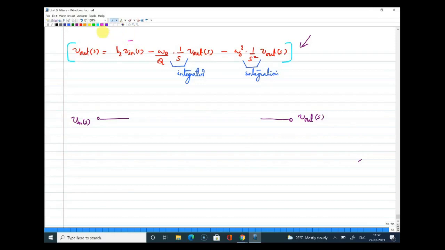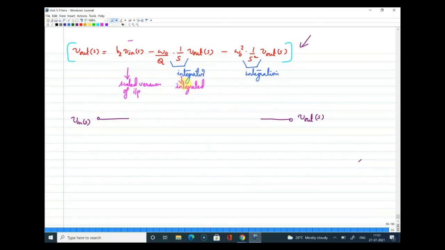Let me write each and everything here. The first term is actually a scaled version of the input. So the input is V in of S, the scaling factor is B2. Now the second term is an integrated version of the output.